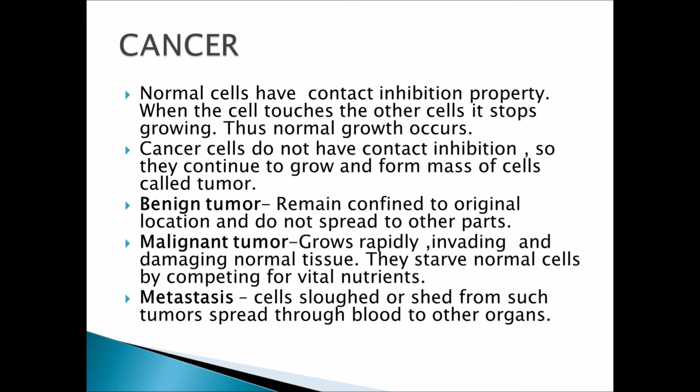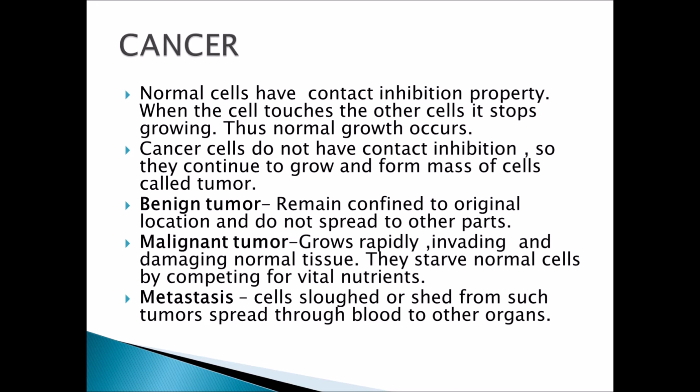As these cancer cells have lost the contact inhibition property, there occurs the growth, which we call a tumor. There are two types of tumor. Benign tumor remains confined to original location and does not spread to other parts. Malignant tumor grows rapidly, invading and damaging normal tissues.